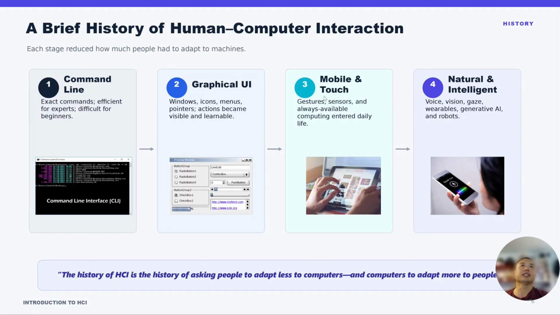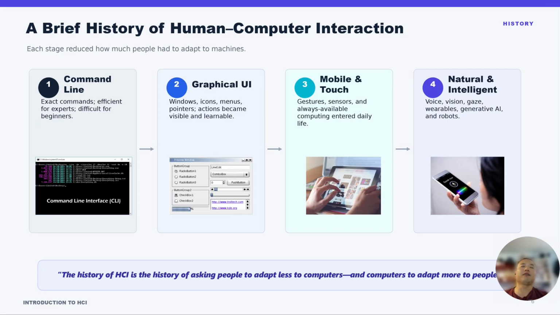The third phase is touch and mobile. Gesture means your body gestures, as well as your finger gestures, like multiple fingers. If you use a MacBook, you're very familiar with that. Multiple finger interaction, and also sensors. If you tilt the phone, you get feedback on the screen.